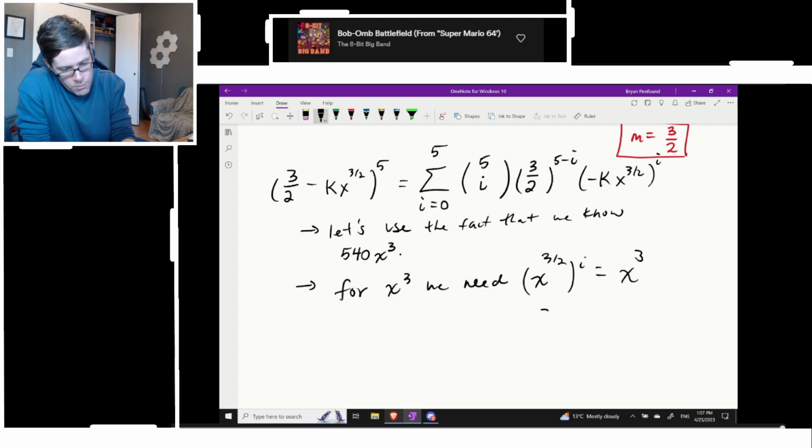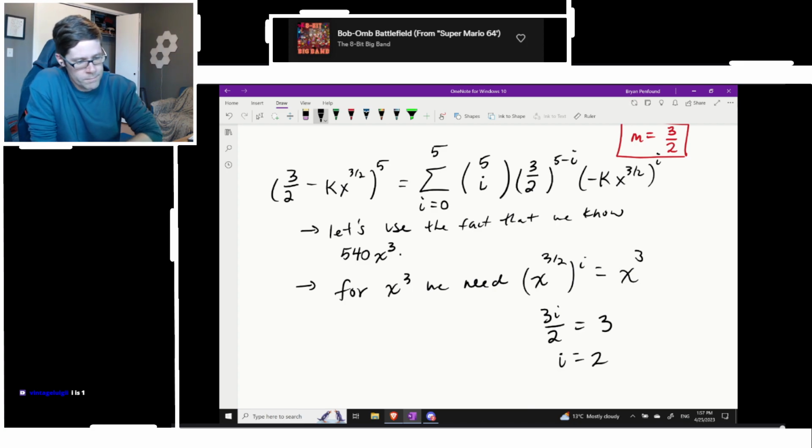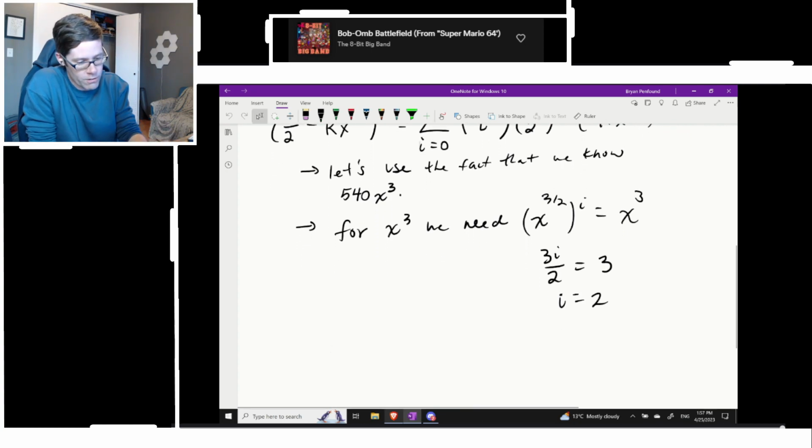So we need 3i over 2 to be equal to 3, so i must be 2, right? So when i is 2, we should get the coefficient of 540.